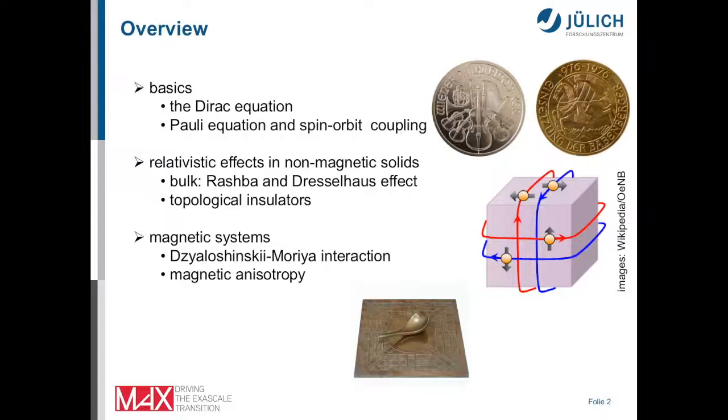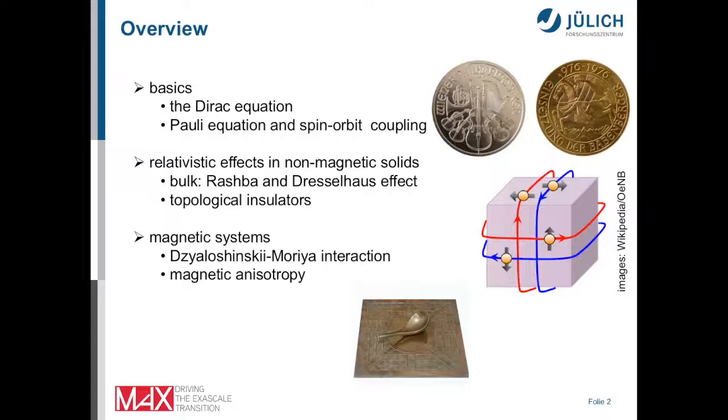I will show you a little bit of the phenomenology of the relativistic effects, first in non-magnetic solids, something we will not do in the hands-on, but you should be aware of that, and then focus on the magnetic systems, what Daniel had already pointed out.